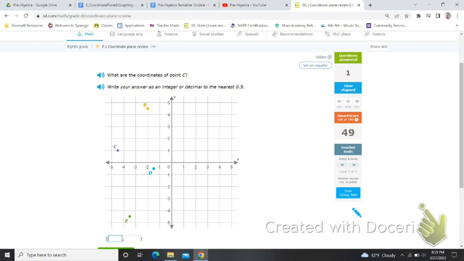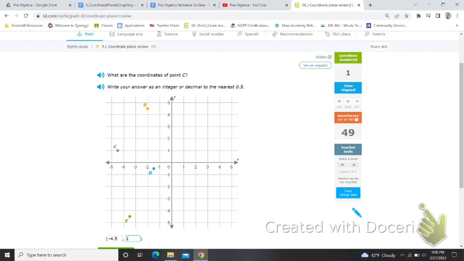So C, then you can see that C is halfway between -4 and -5. So -4.5, and then it is on the line, so it is up a whole number 1.